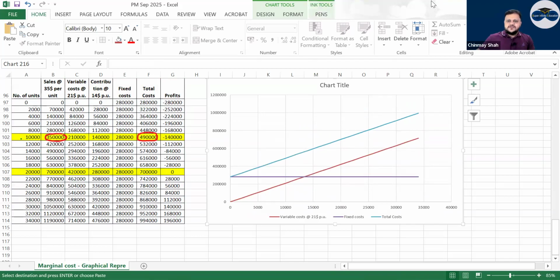Can you analyze this a little? Sir, my total cost line starts from 280,000, meaning total cost irrespective of any production will always be how much? Total cost, constant, irrespective of any production, will be equal to fixed cost, correct or not?